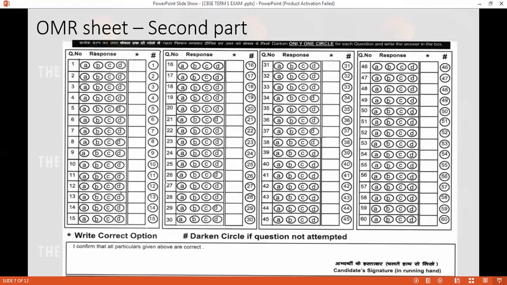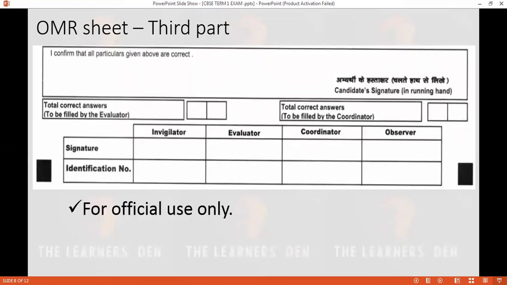Suppose out of 5, you have to do any 3 questions and you do not attempt 2 questions, then for those 2 questions which you do not attempt, you can mark that question number in the hashtag column. Let's see further to get more clarity.